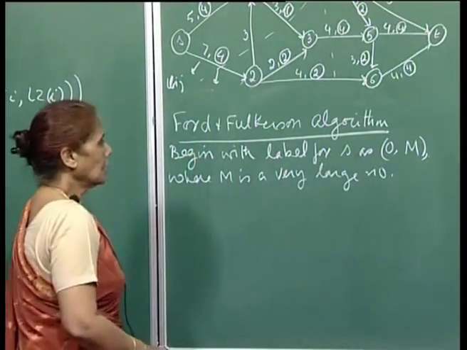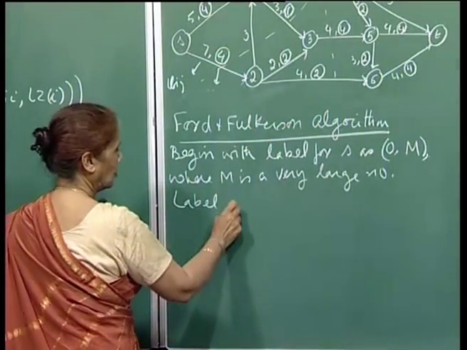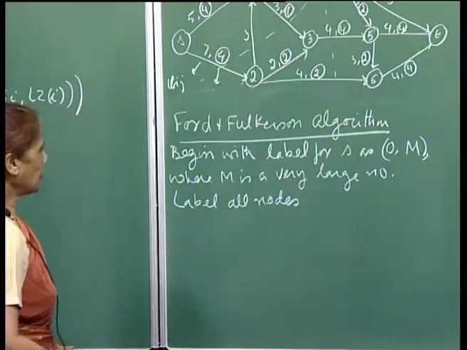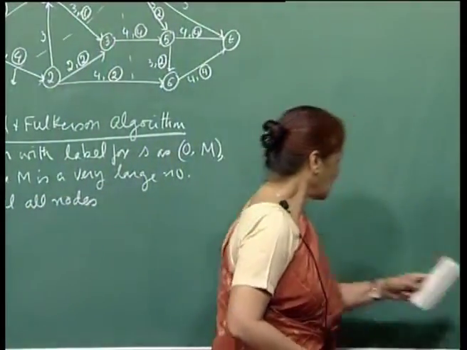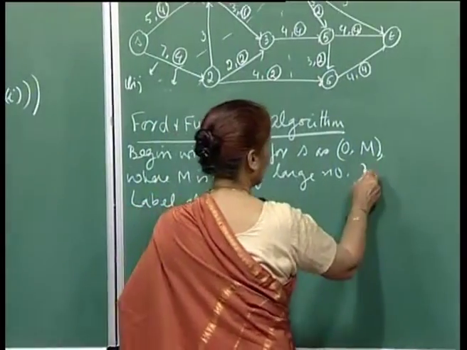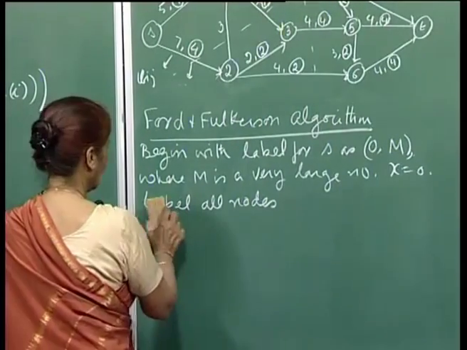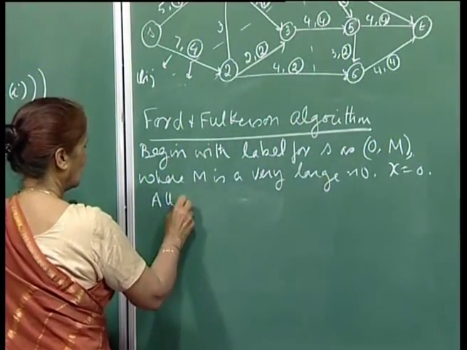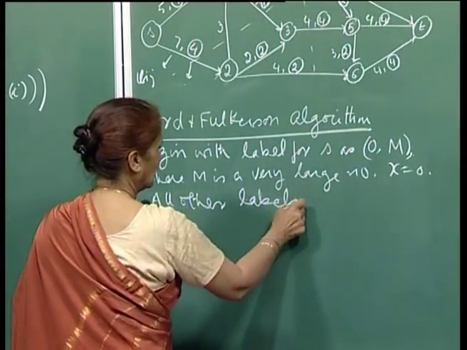Then label all other nodes with 0. Initially there is 0 flow in the network, so x is 0, and all other labels are 0.